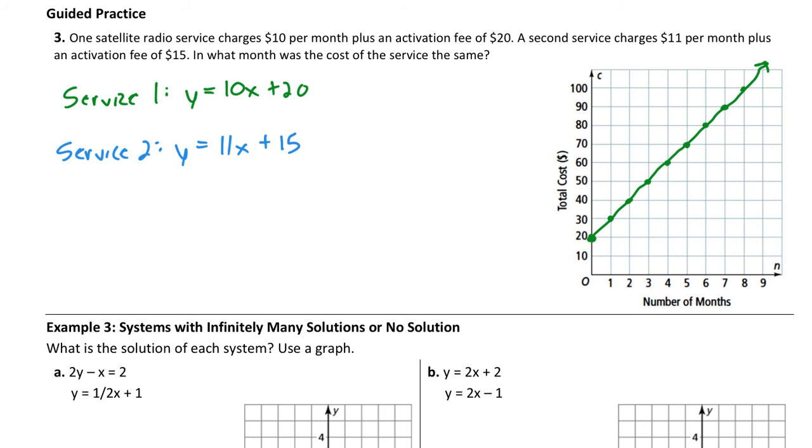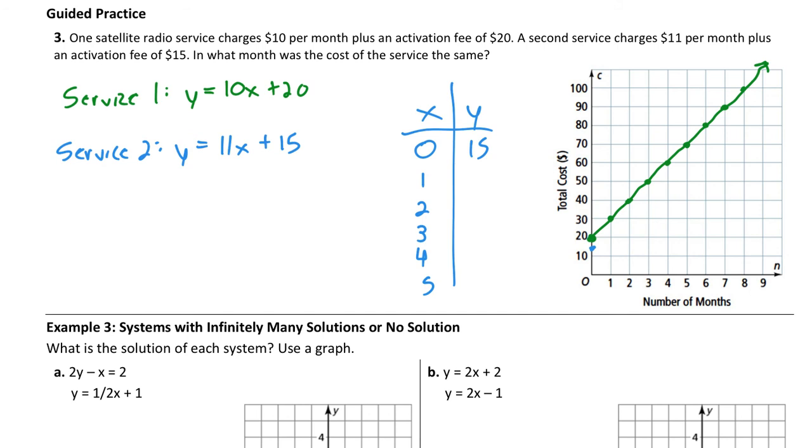Now the second one is tougher, but we've got to use some logic here to figure out, and I'm going to make a table for service 2. We start off with a y-intercept of 15, and we know the rate of change is 11. So that means every month of service, I get charged $11 more. I get charged $11 a month.